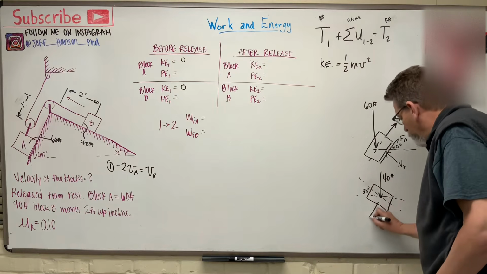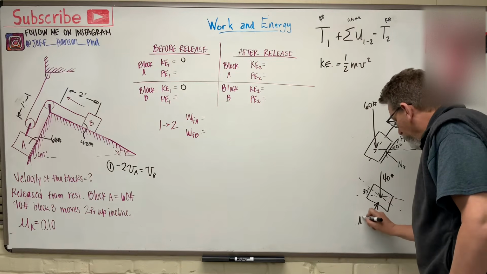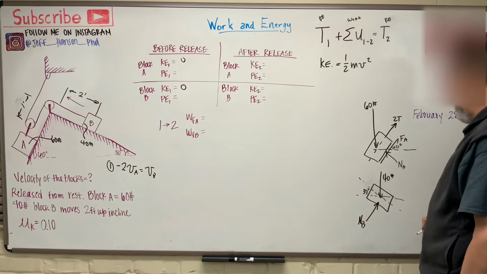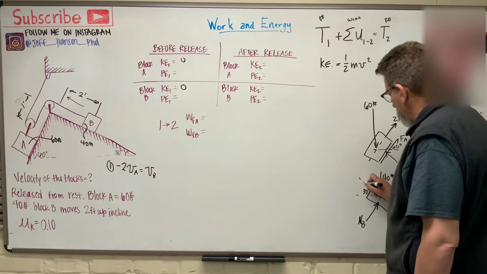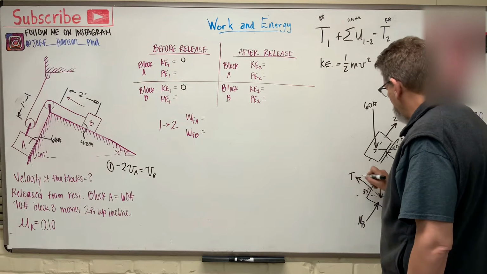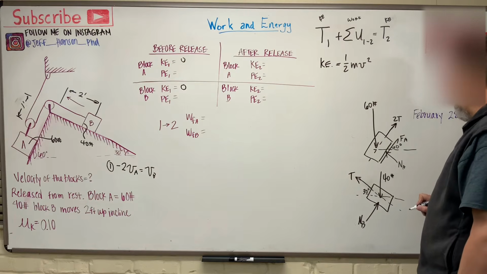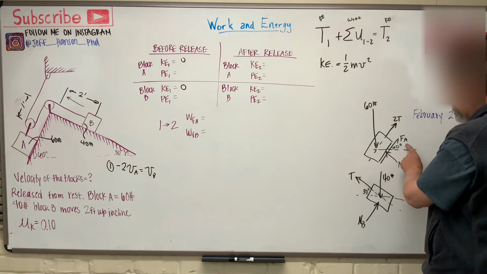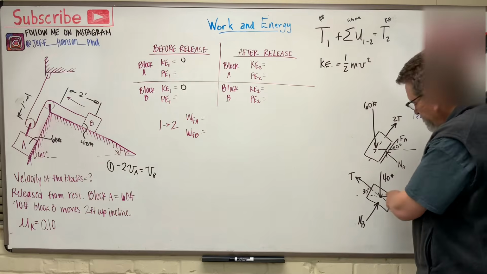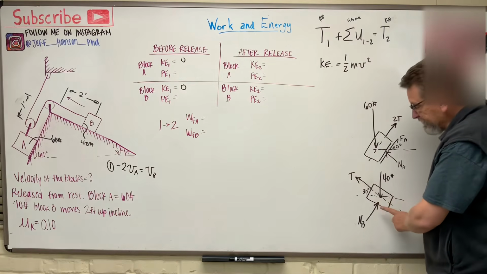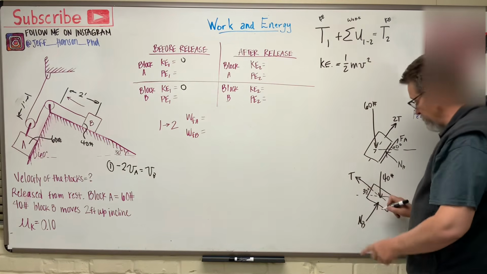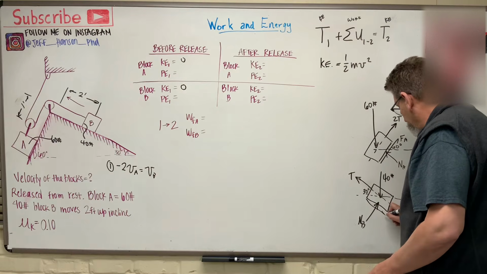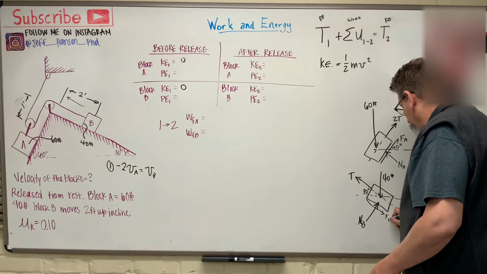Okay, and then I have a normal force, the normal from block B, and I have a tension from the rope. Okay, and I also have friction, don't I? Just like I had friction up here, since this block is sliding up the hill, friction is going to go down the hill. There's friction from block B.